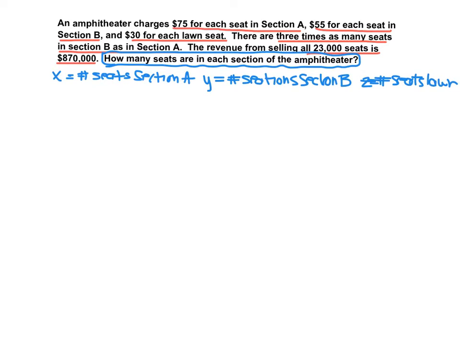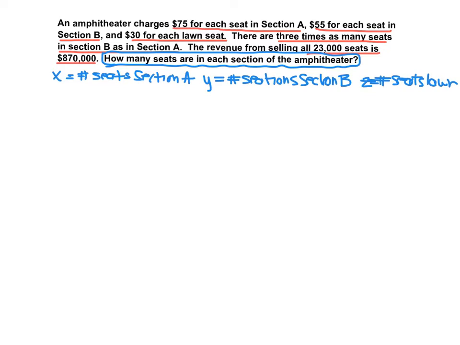And once we know what we are looking for, what we're trying to find to solve that question at the end, we can then move forward and write 3 equations. When I look at this situation, I notice that I have how many seats I sold and the revenue from that. So I'm going to write one equation that represents the number of seats that were sold.